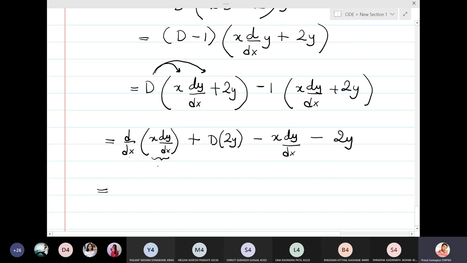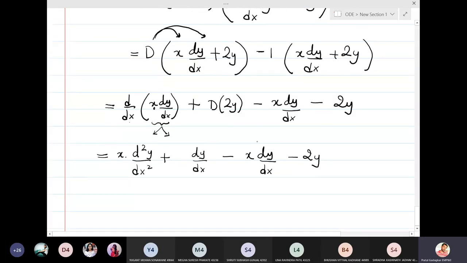So I will have to use my product rule here. So x as it is into the derivative of the second term. What is the derivative of the second term? It is d2y by dx squared, plus the derivative of the first term; the derivative of x is 1, so I'm not going to write it. So 1 into the second term as it is, dy by dx. Okay, minus x dy by dx minus 2y.